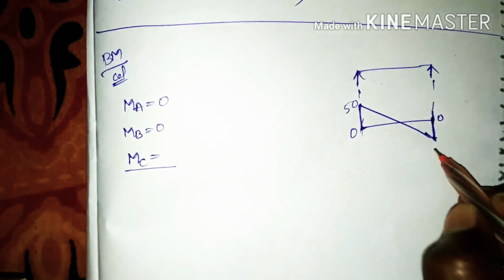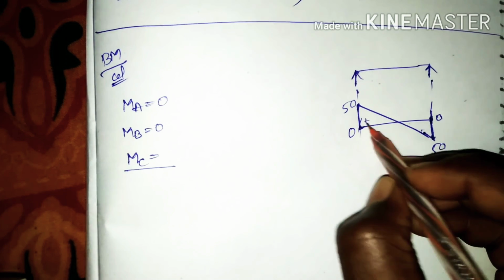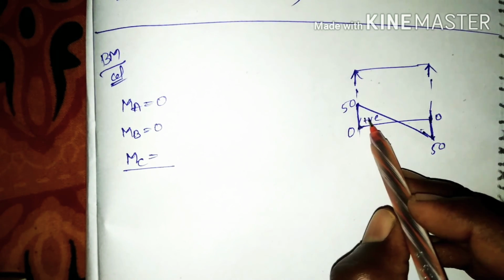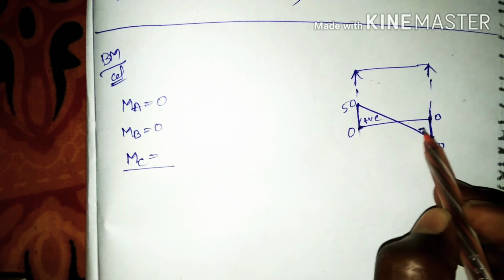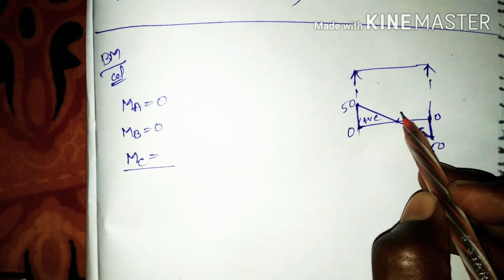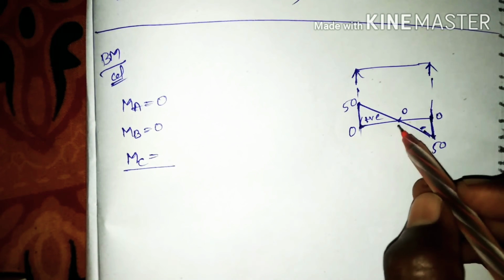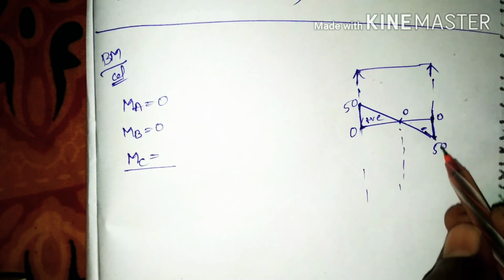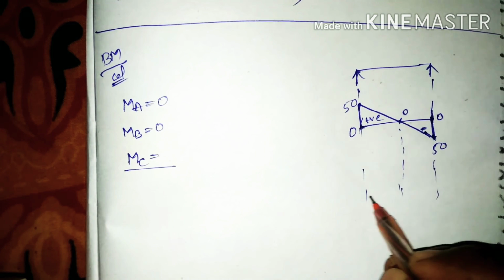This is 50, this is 50, this is negative, this is positive. When shear force changes from positive to negative, there is a point on the reference line that represents 0. Where the shear force is 0, the bending moment is going to be maximum, here itself.